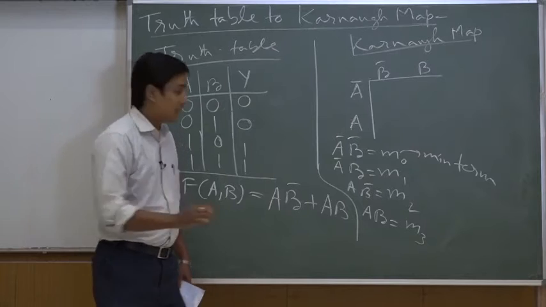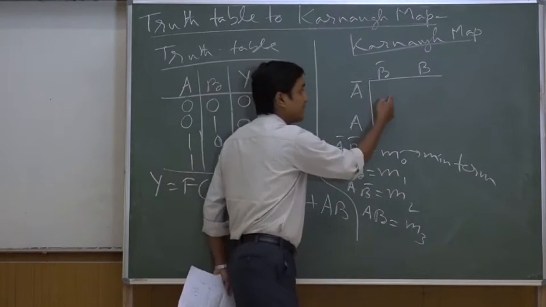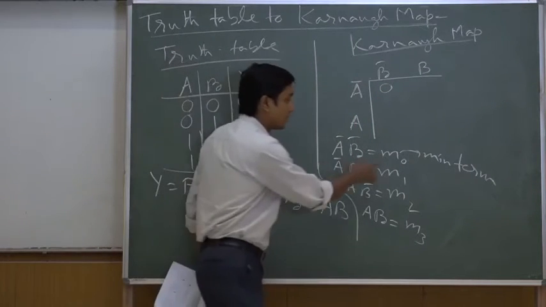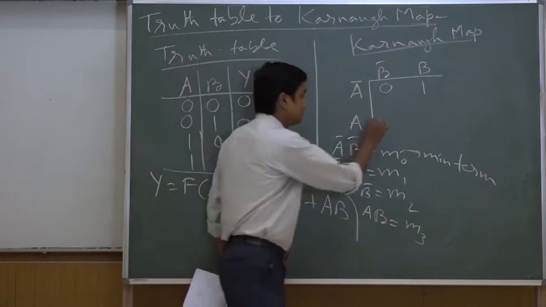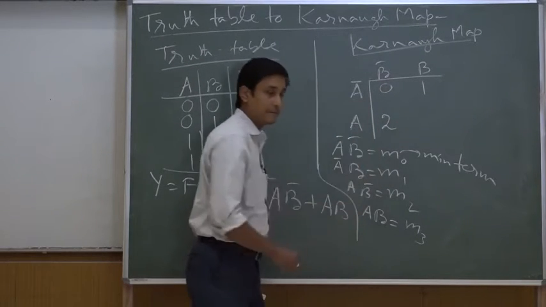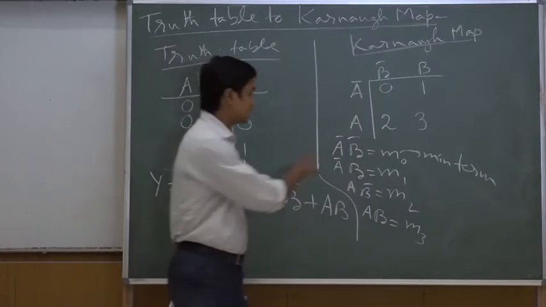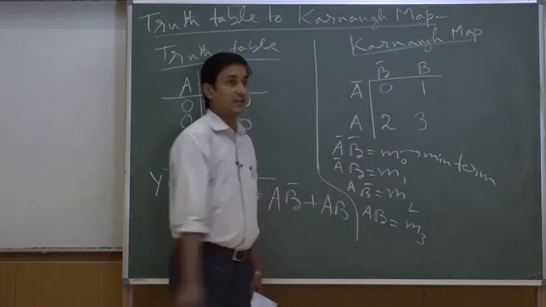Now, if I ask you M0, where is the 0th position in this map? This one. 0, 1. What is the 1? Here. 1, 0, and this is 3. So, min term 0 means this one, min term 1 means this one, min term 2 and 3 like this.